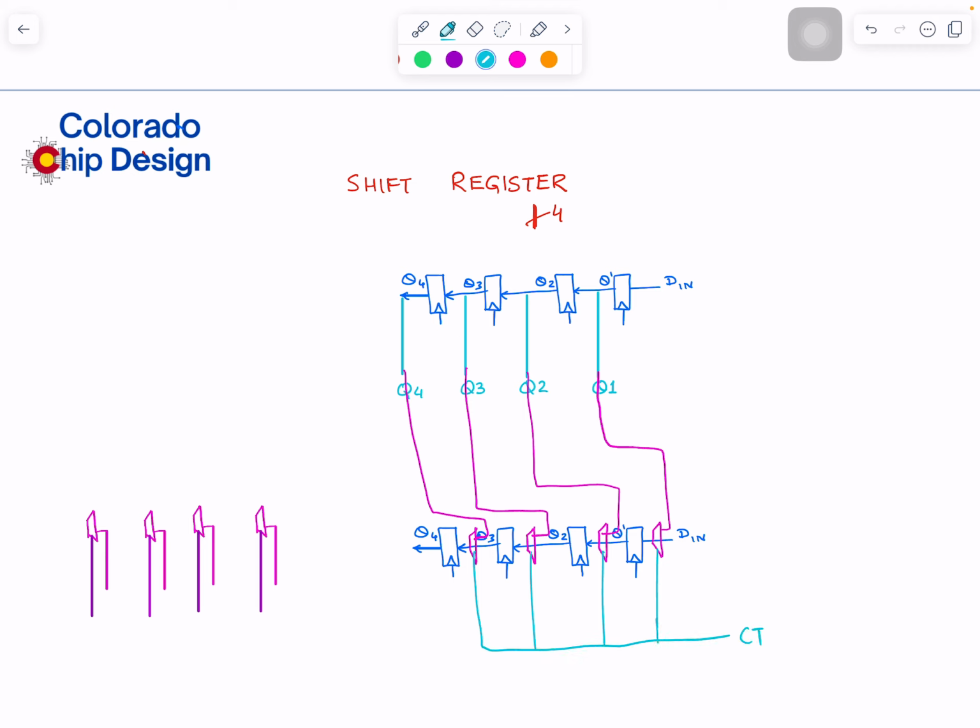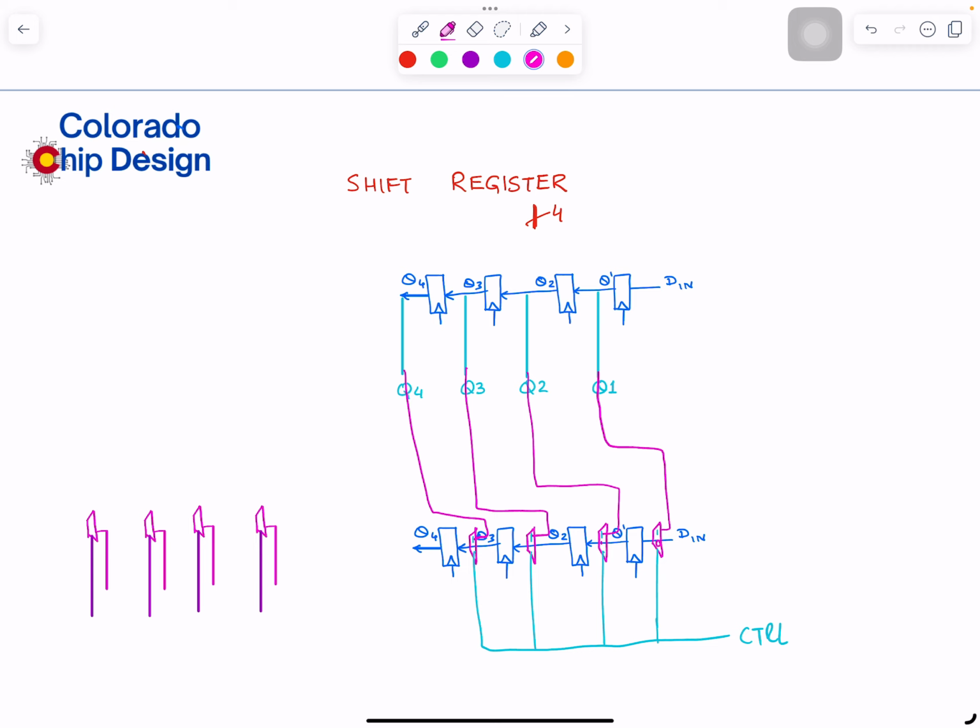CTR, or control. When control is 1, we are initializing, you can think of it as loading these values. When it's 1, we are not taking the serial output from the previous stage. Instead, we're taking a new value. So when control is 1, we're loading a new value onto this 4-bit register. If it's not 1, that's the normal operation, which is 0.